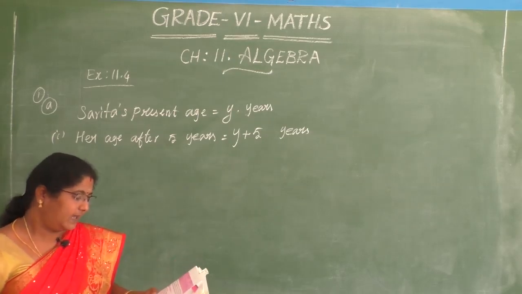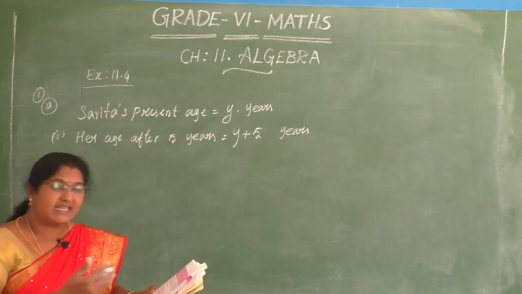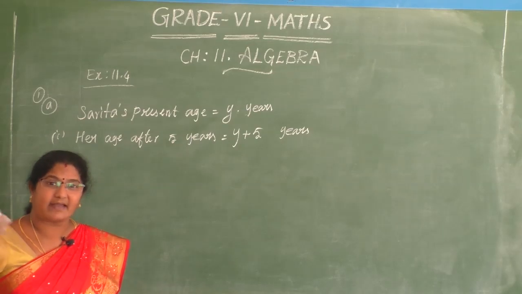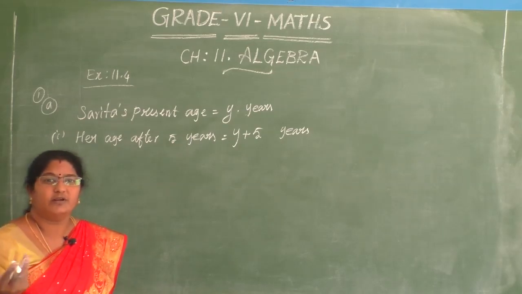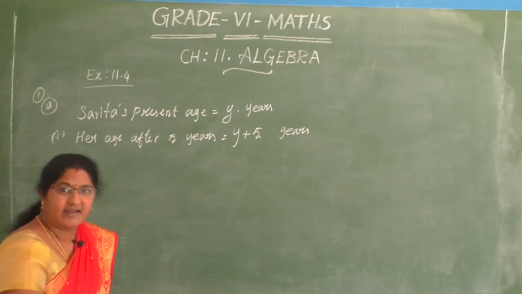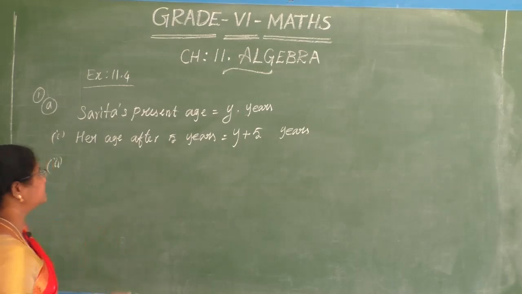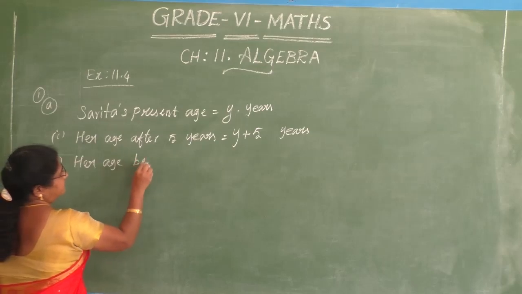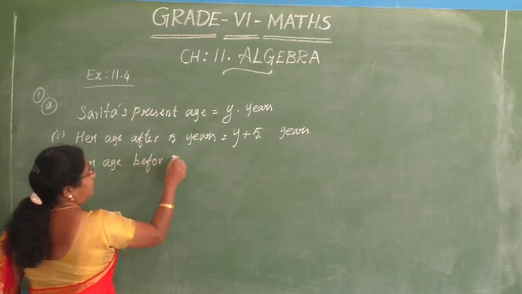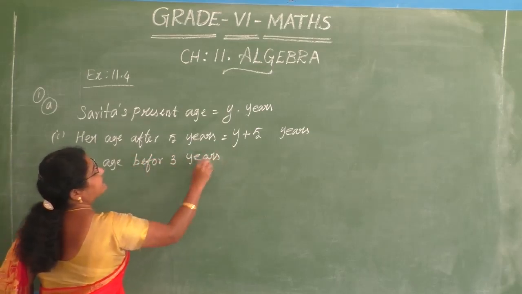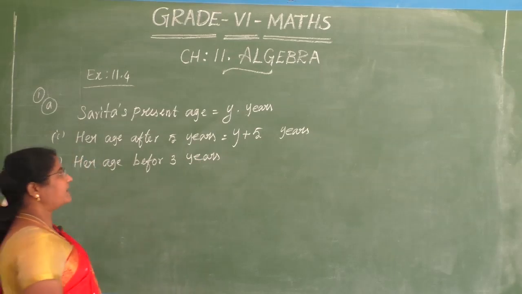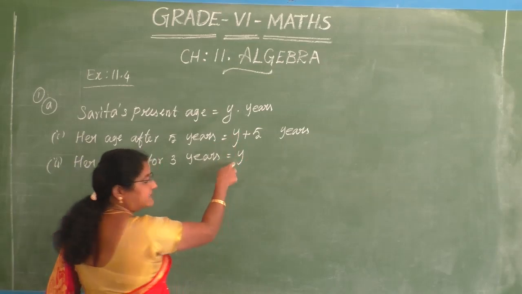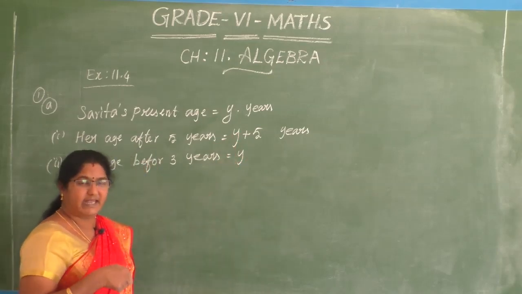See that. What was her age 3 years back? Back means before. What to do? After, we are adding; before, we have to subtract. Her age before 3 years. That means at present I have 3 years.